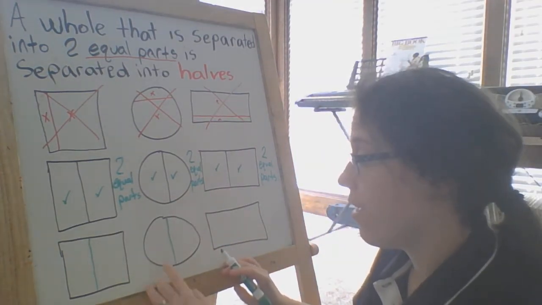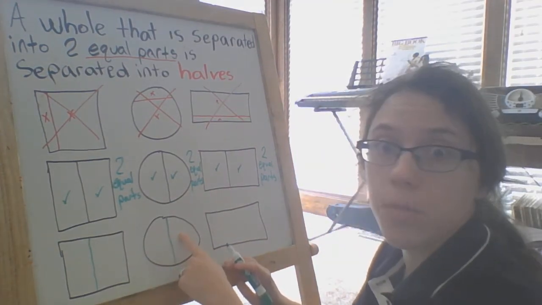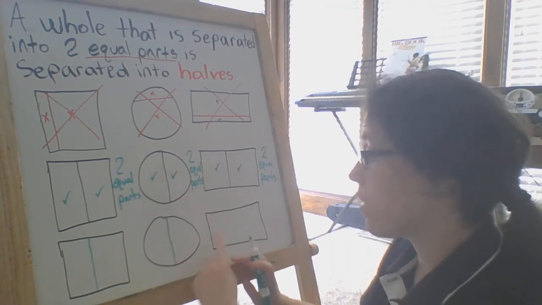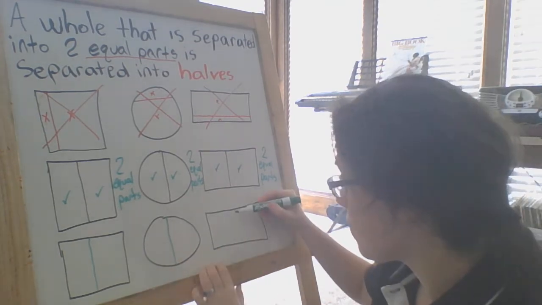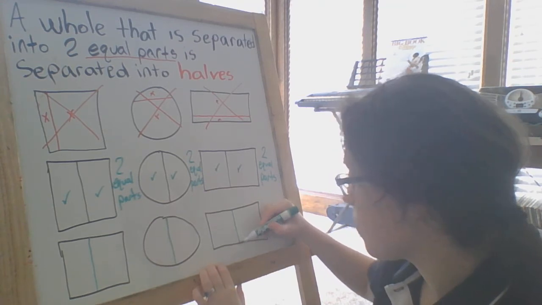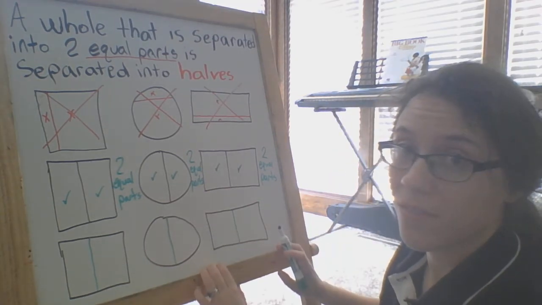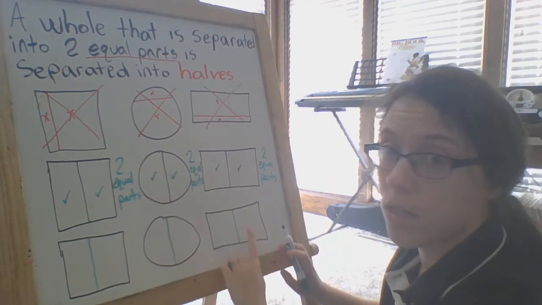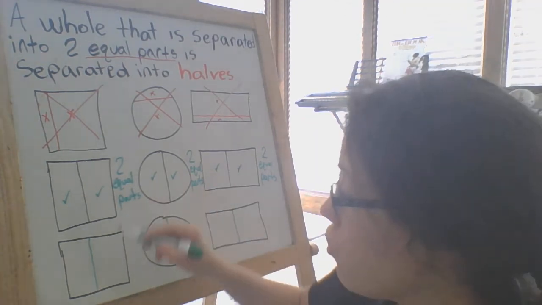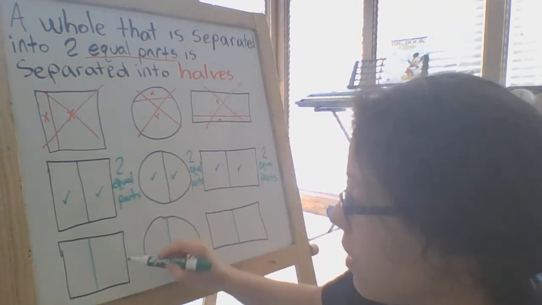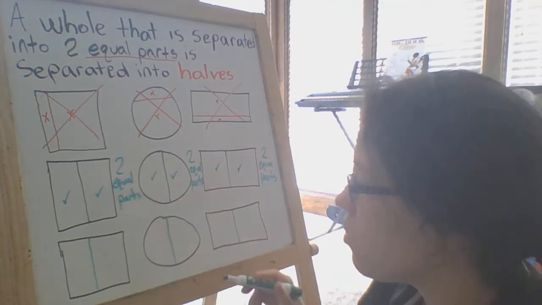How about that? One part, two part. Look at this rectangle. One part, two part. So just like these ones up here, these wholes are now split into two equal parts.